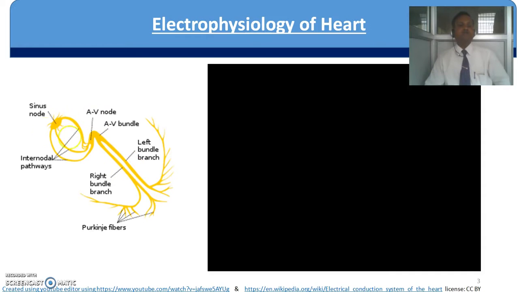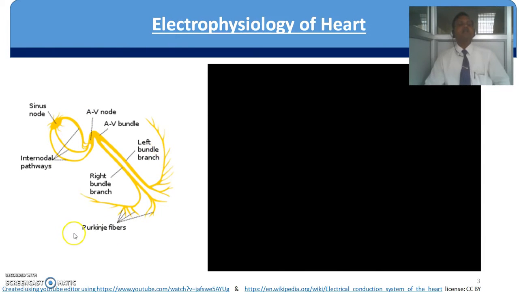Now, in heart, as I just mentioned, there are specific conductive tissues which form a fine network of particular conductive cells, and this network has the capacity to generate its own impulse automatically, and to transmit it from one place to another, from auricle to ventricle in the heart.